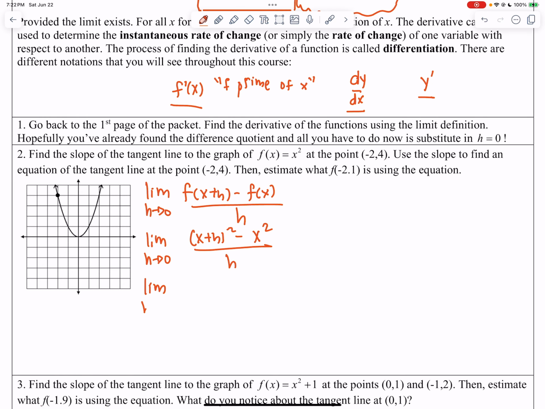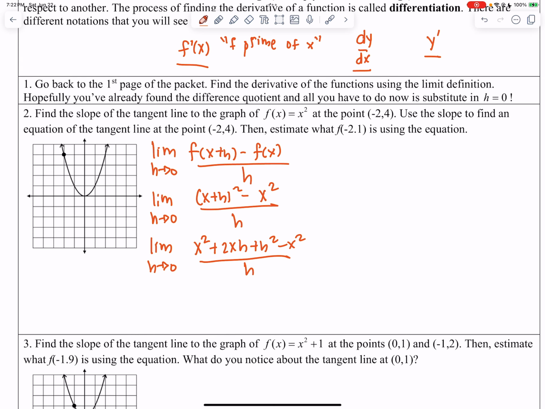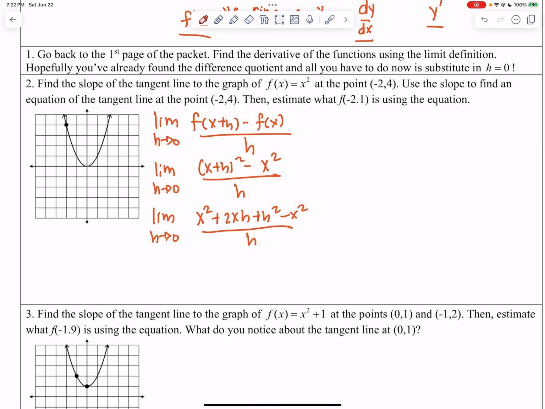Then I'm going to do the limit as h approaches 0 of x squared plus 2xh plus h squared minus x squared all over h. Notice how the x squares cancel out. And then the h's right here, I could also simplify them. So now I just have the limit as h approaches 0 of 2x plus h. And then if I were to plug in h, I'm just going to get my function of 2x.